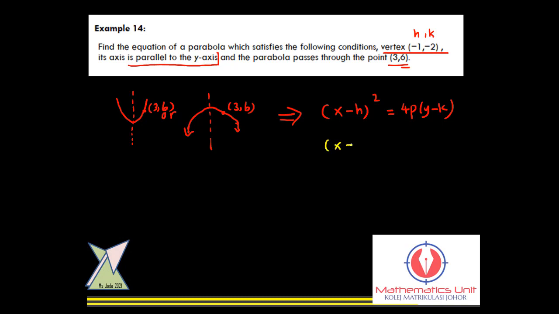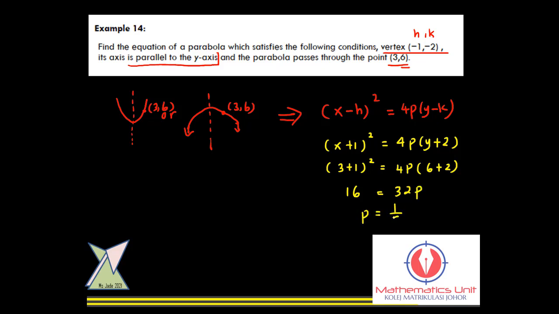So here it will become x plus 1 squared equals 4p y plus 2. As usual, I already mentioned to you that x and y is a random point value from the parabola. So now we substitute the 3 into the x and the 6 into the y. So you will obtain the value of p. This one you will get 16 and this one you will get 4 times 8 which is 32p. So p equals positive 1 over 2, which is greater than 0. So it will be open upward but not downward.